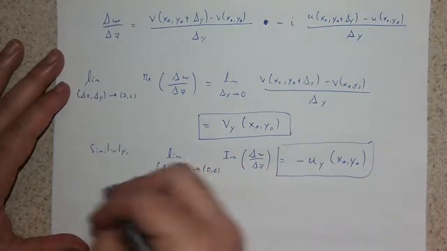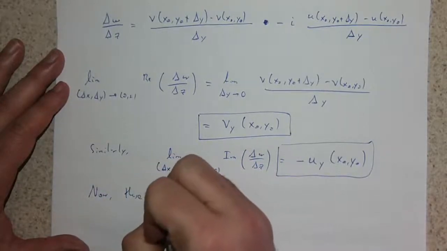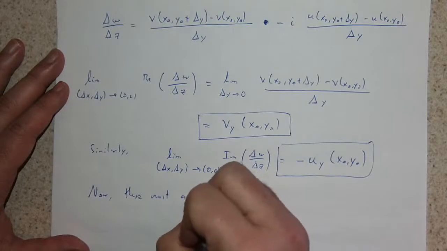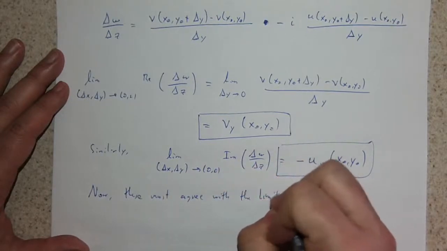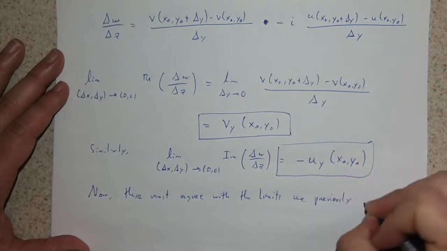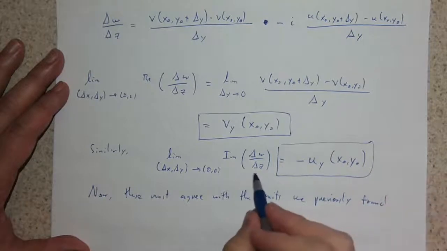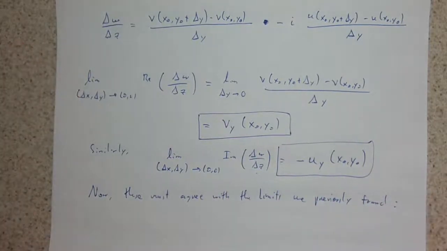Now, the big step, right? So now these must agree with the limits we previously found for the real and imaginary part of this difference quotient. Well, let's just remind ourselves.